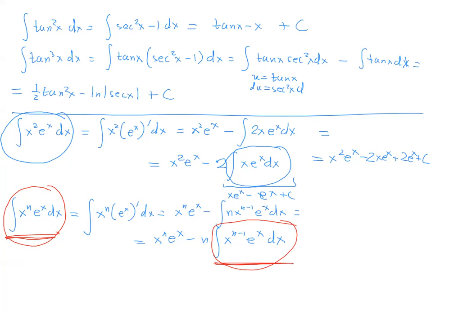So by using this formula, if somebody asked you what the integral of x to the 10th e to the x is, you would just have to apply this formula 10 times till you got down to the integral of e to the x, which of course you know to be equal to e to the x. The bottom line is that all you would have to use is this algebraic relation, no integration. There is only one integration that is being done implicitly in deriving this formula. After that, you can just work with pure algebra in order to find the integral.